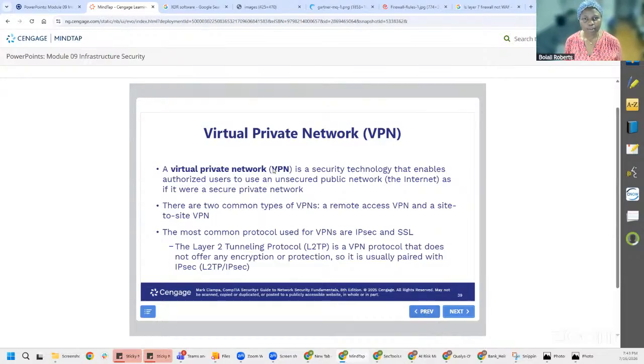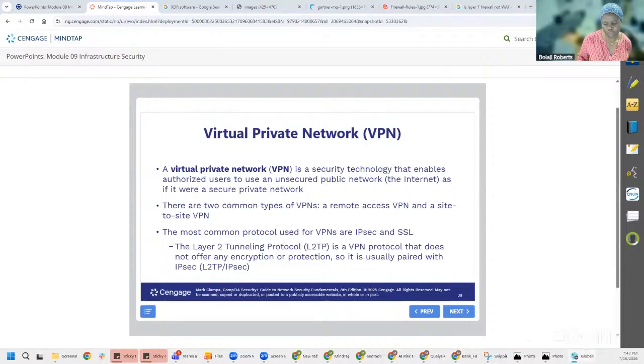So let's talk about VPN. It's for remote access. You can have remote access VPN. For example, I have remote access VPN on my computer. I think the college uses GlobalProtect by Palo Alto. It's just an agent that is installed on my computer, and with that, I'm able to remotely access services on campus from anywhere that I am.